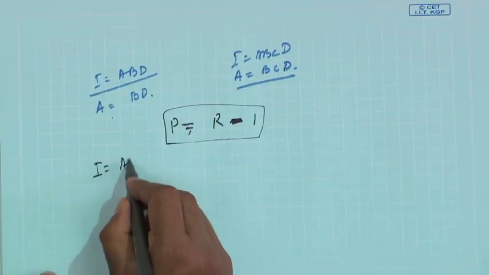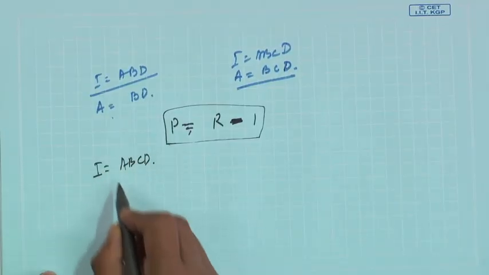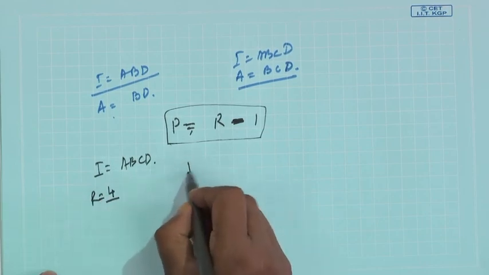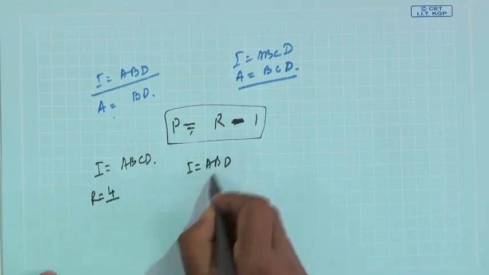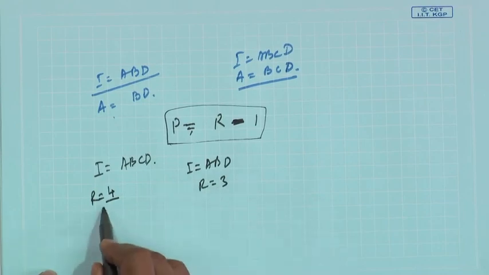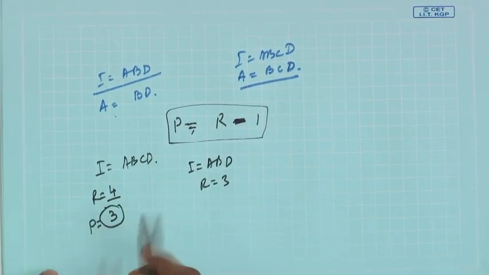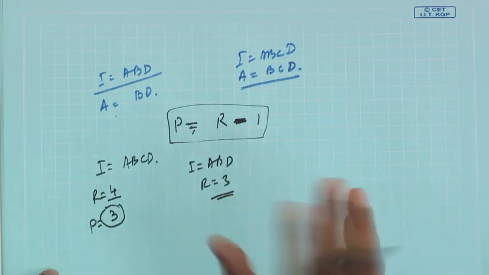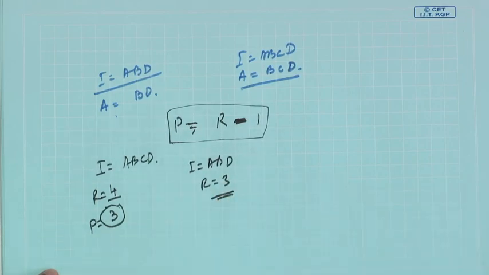So, if your defining relation is ABCD, then your resolution is 4, R is 4. If it is ABD, R is 3. See here, in 3, projectivity will be 3, that means in 3 dimensions you are getting full information, but here you are getting full information in some of the cases only in 2 dimensions.